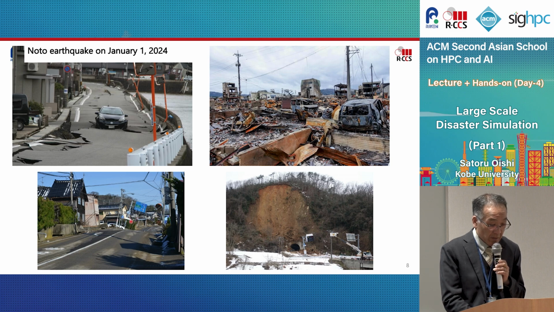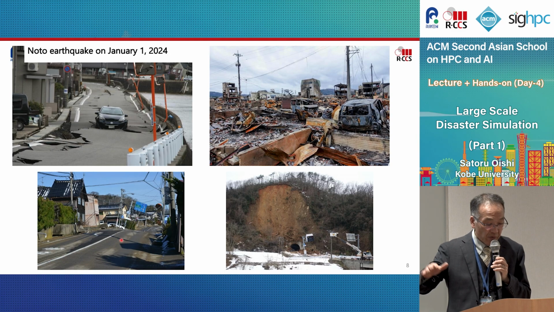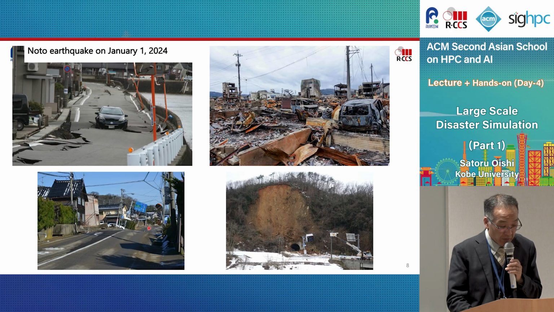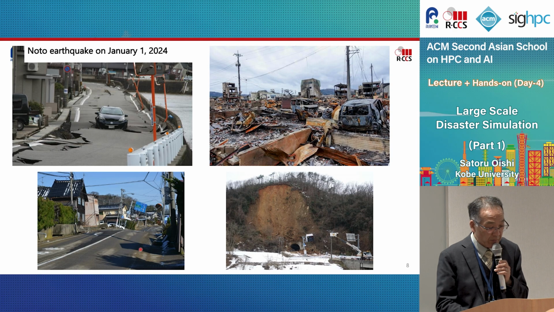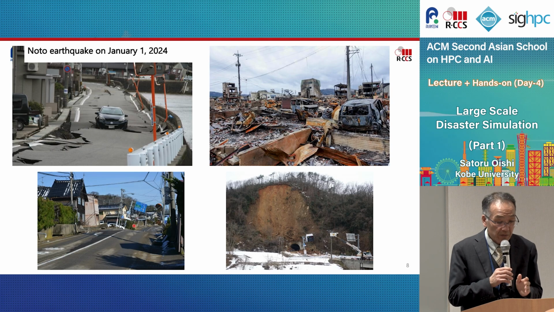And the road itself had liquefaction. It was unstably waving because the ground becomes water by groundwater. So such a situation happened on January 1st.